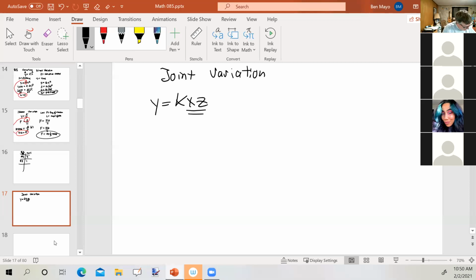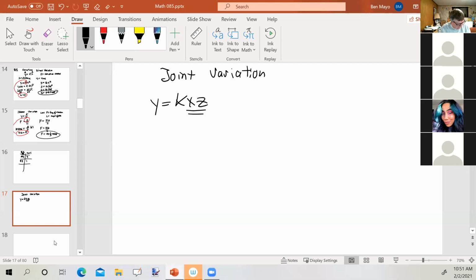Okay, where are we here? Oh, here we go. This says oil storage. The number of gallons of oil that can be stored in a cylindrical tank varies jointly as the height of the tank and the square of the radius of its base.